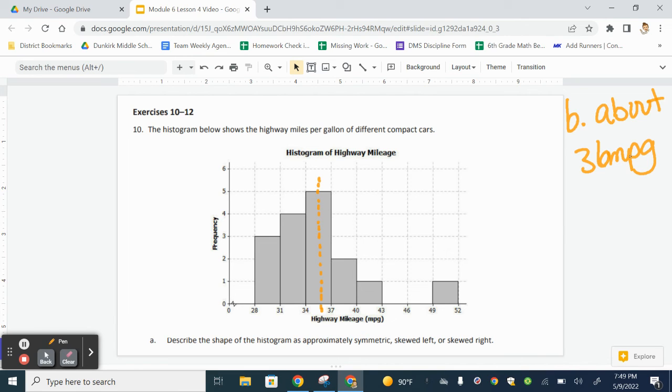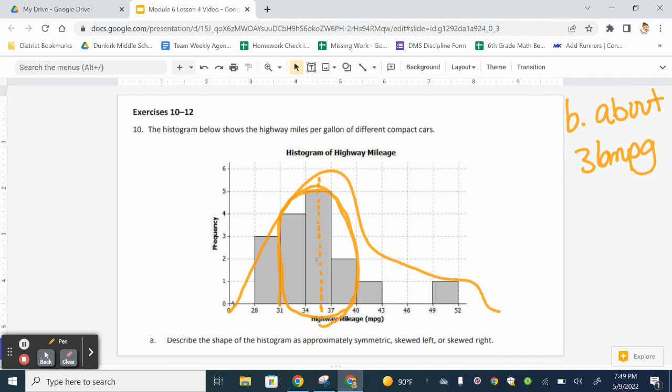And part C, what does the shape of the histogram tell you about the miles per gallon for compact cars? Well, remember that shape was kind of what we did here. It says most cars get around 31 to 40. If we notice from this area to here, this is where most of the cars are falling. So most cars get about that.